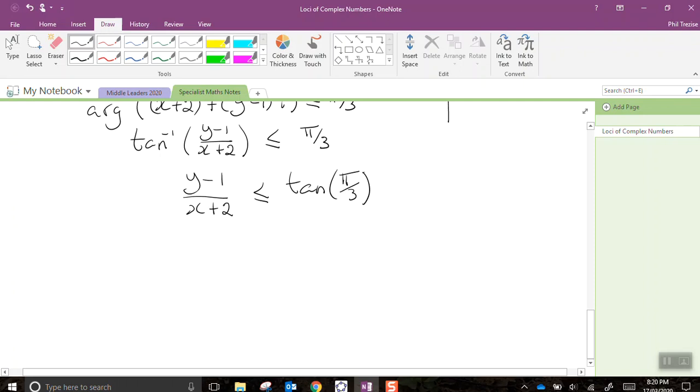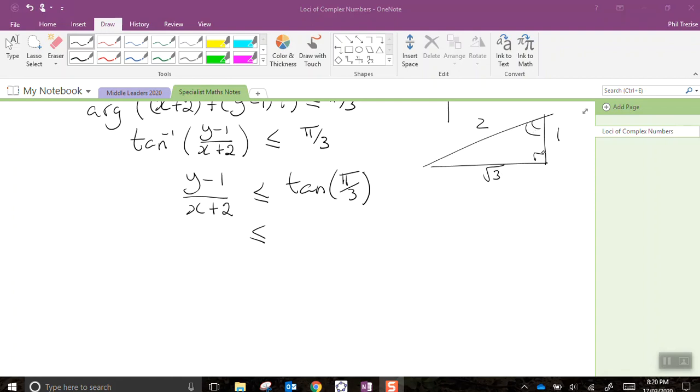Now, that's one of our special triangles. Pi over 3 would be this angle here, and you should remember the ratios of these sides go 1, 2, and root 3. So the tan of this angle would be root 3 over 1.